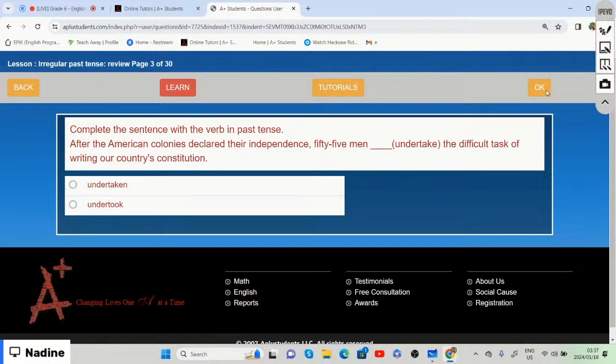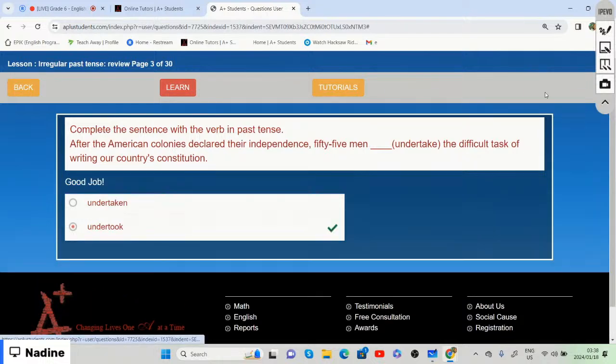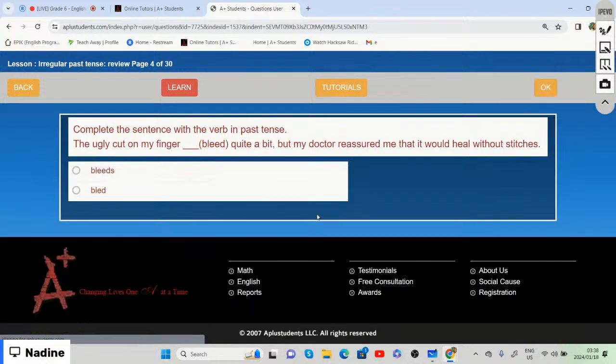So undertaken or undertook. All right, so we will say it is the second option because he undertook, right? So well done.